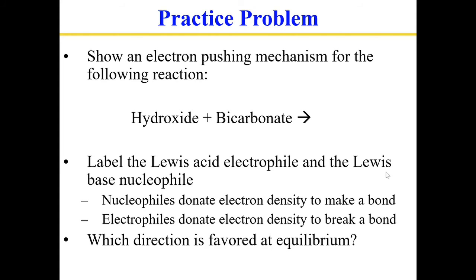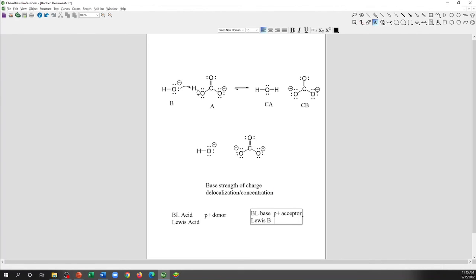The second part of this question asks about Lewis acid electrophiles and Lewis base nucleophiles. This is a fairly simple concept that's unfortunately packaged in a lot of big words. So let's go back and look at the chemistry that we did right here. The hydroxide base reaches out its electrons to go grab a hydrogen off of the bicarbonate acid.